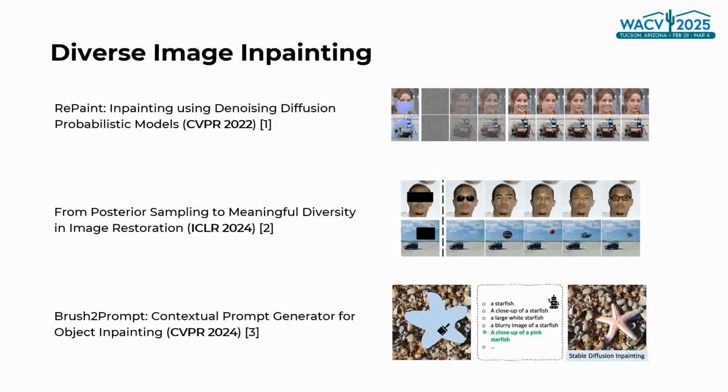Finally, Brush to Prompt is the first work that uses text-guided inpainting models and aimed to generate prompts automatically by using a denoising process in CLIP space to generate the text or embedding inputs of a diffusion model. However, their work is limited to single mask painting.